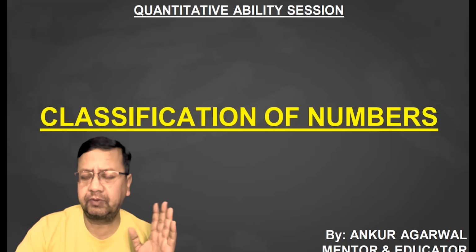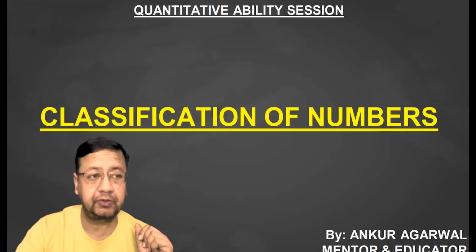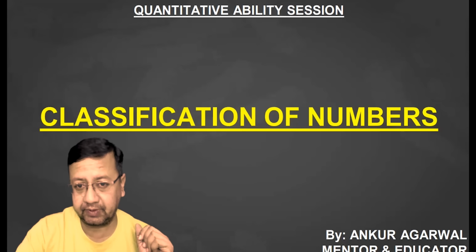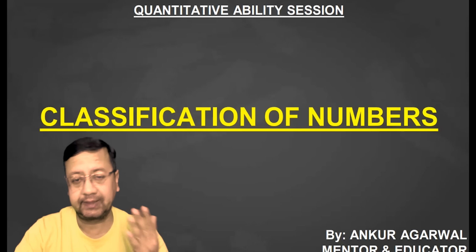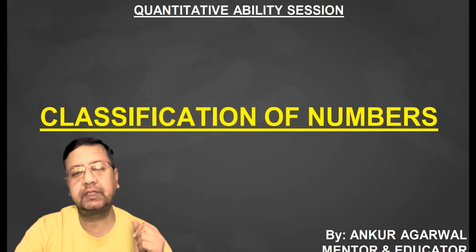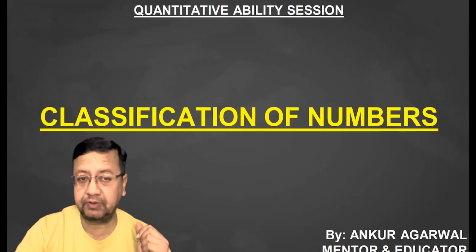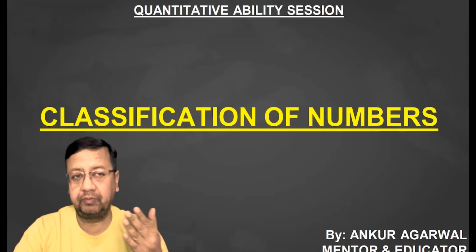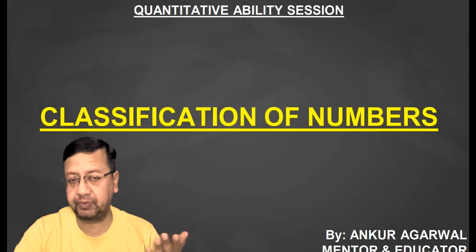Now, if I talk about numbers, number is an important part with respect to different examinations, right? If I talk about the CAT, XAT, Symbiosis, IFP, MAT, CMAT, in all these examinations you will find questions based on numbers. Numbers may be clubbed with percentage, profit and loss, algebra, geometry, permutation, combination.